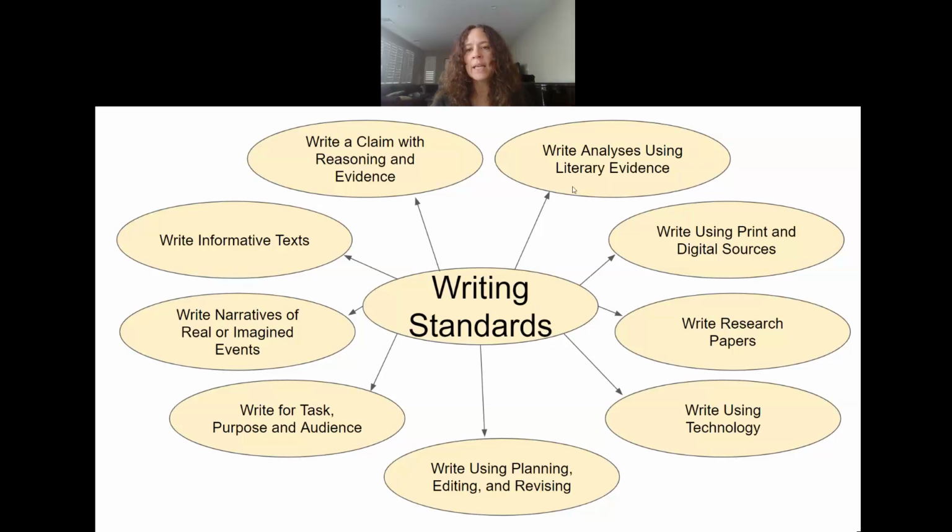Next, write analyses using literary evidence. So an analysis means you are picking apart a piece of writing to look at it for its techniques. So, for example, if an author is writing a scary story, then that author is going to use techniques to make that story more scary.